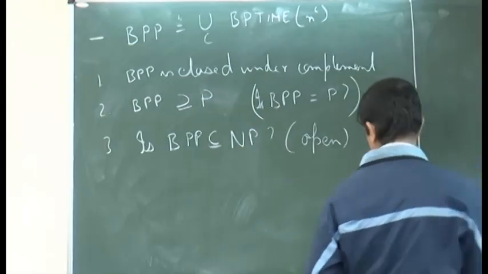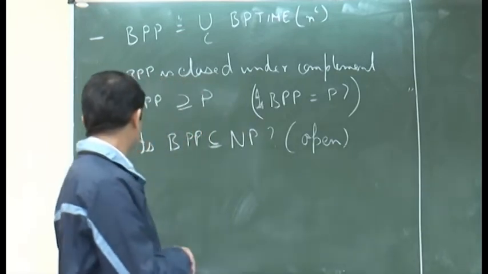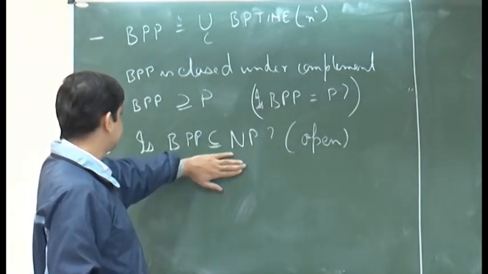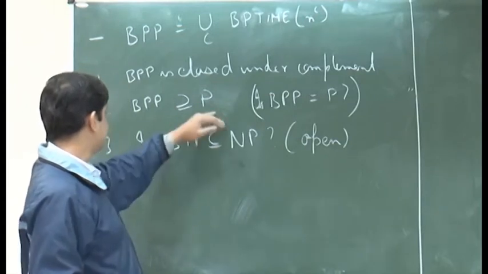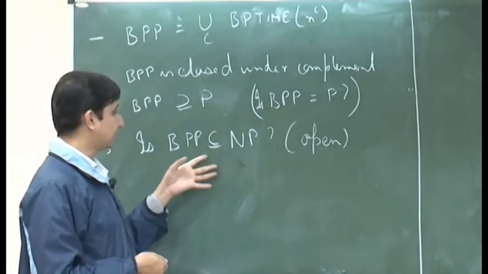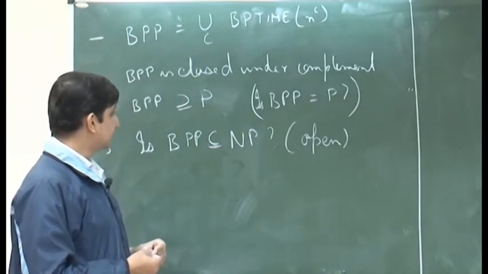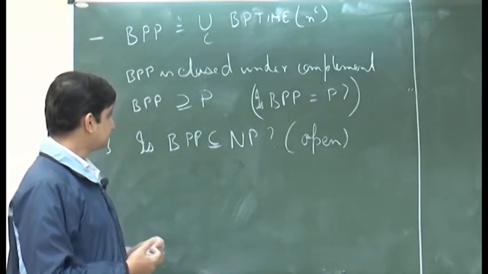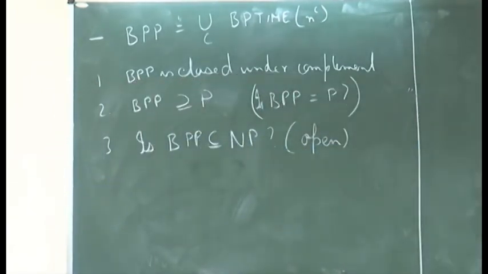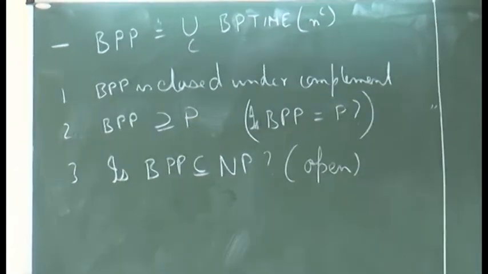Let me just talk a little bit more on this. Why is it that we do not know this answer, or why is it that even showing P is equal to NP will not throw any light on this question? It is because if you look at an NP machine, it can in some sense make an error, in the sense that if you have an input which does belong to the language, you can have a computation path which rejects.